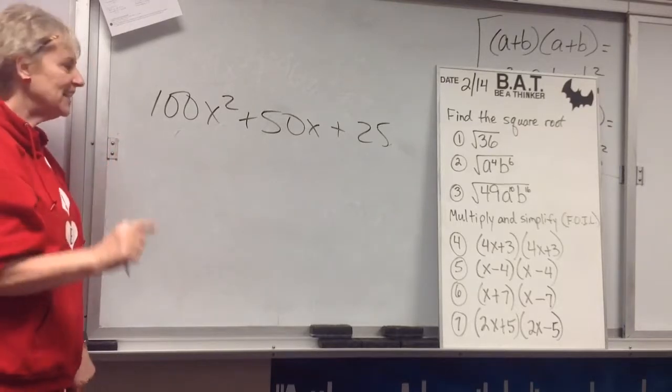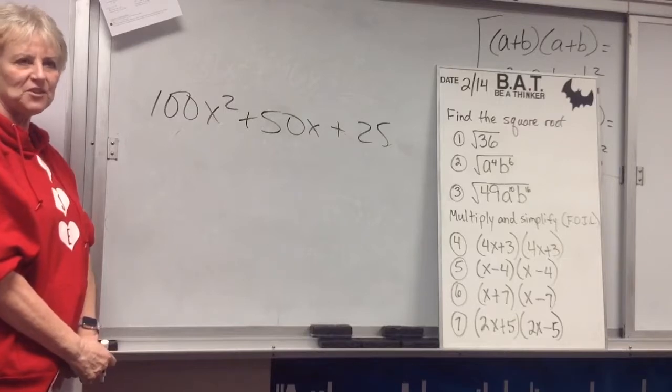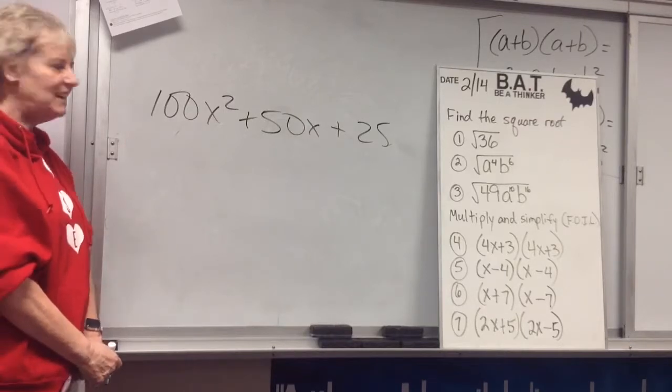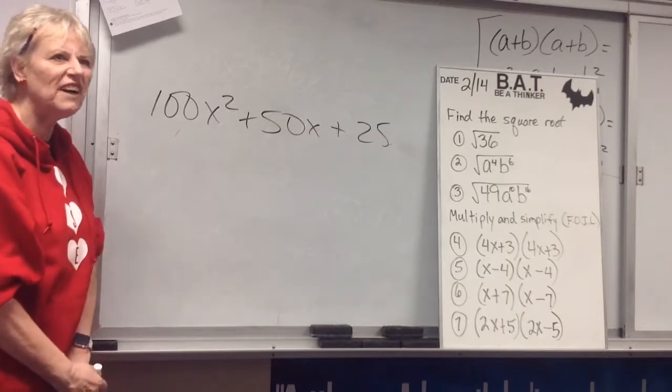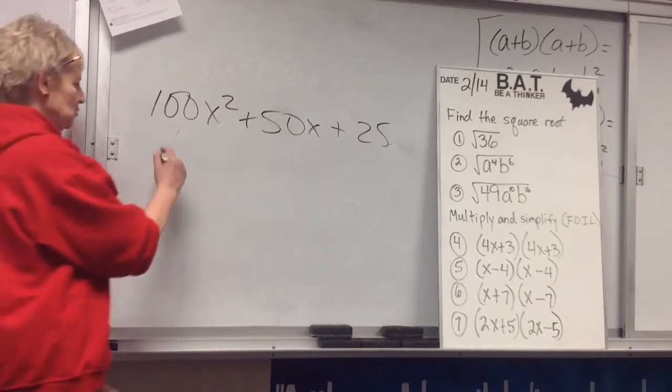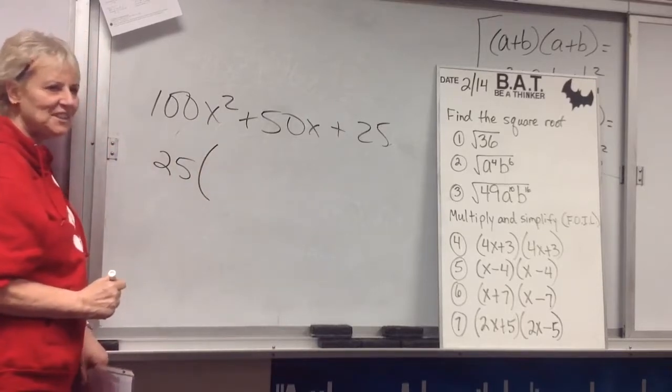But guess what? It has a greatest common factor you have to pull out first. What goes into all of those? 25. 25 times 4x squared plus 2x plus 1. If you don't pull it out, you're going to get the wrong answer.